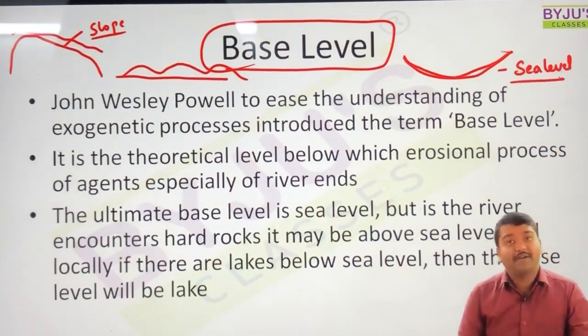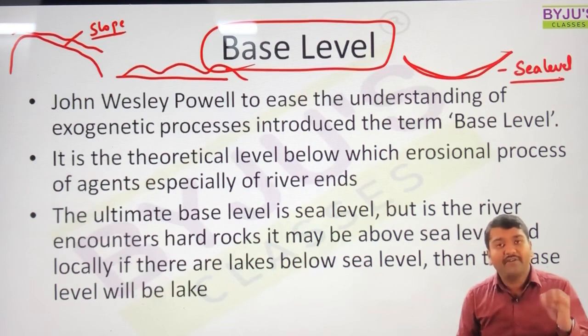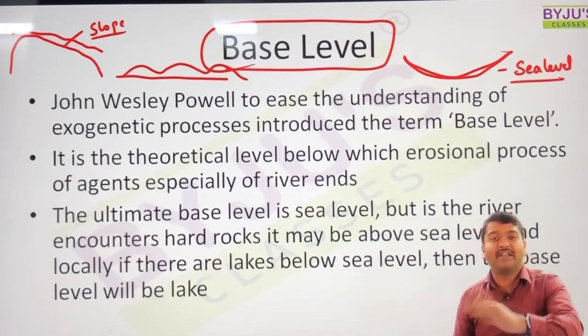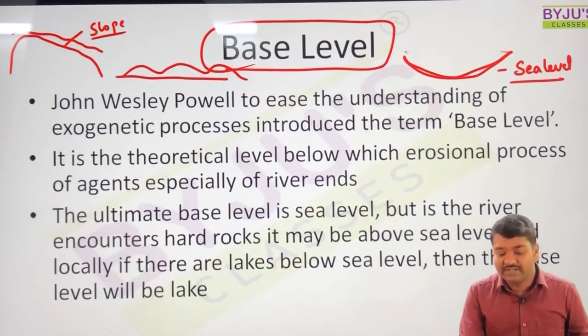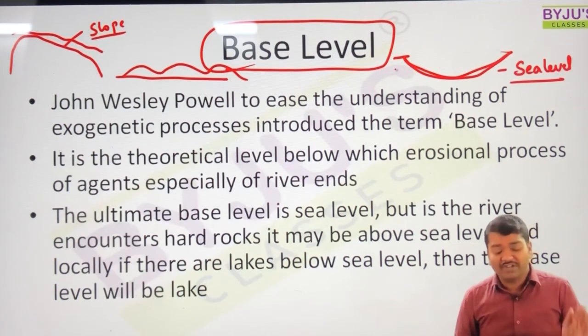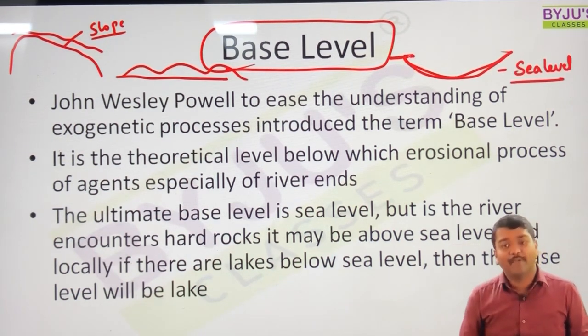So once the river flows into the sea, it will not come out of the sea and start flowing again. So once the river flows till sea level, erosion can also be seen only till the sea level. Below this you will not see much erosion. So deposition and erosion will occur only till the base level.